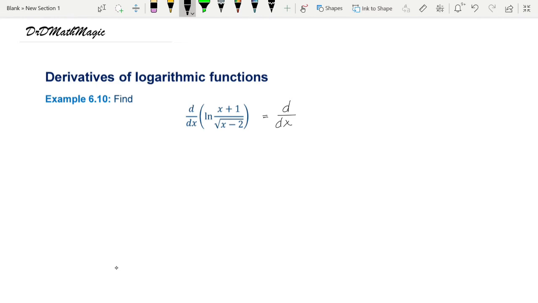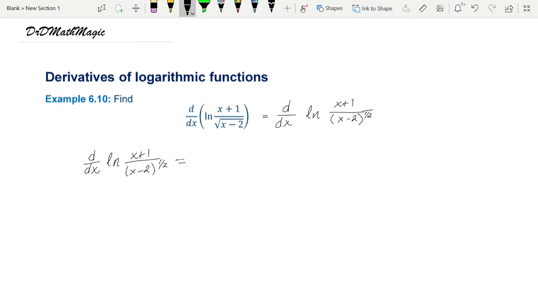So we have d over dx of ln of a fraction x plus 1, and then down in the bottom I have x minus 2 to the power of 1/2. So let's rewrite it. D over dx of ln of x plus 1 over x minus 2 to the power of 1/2.